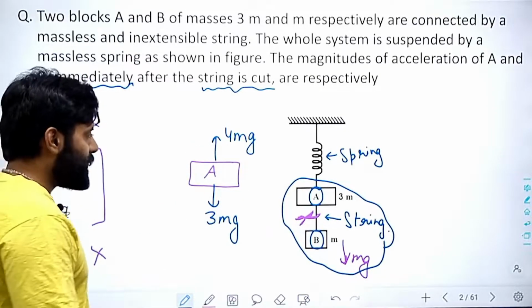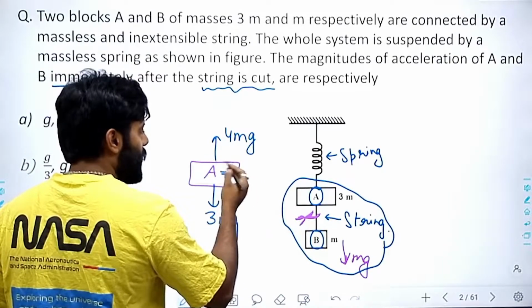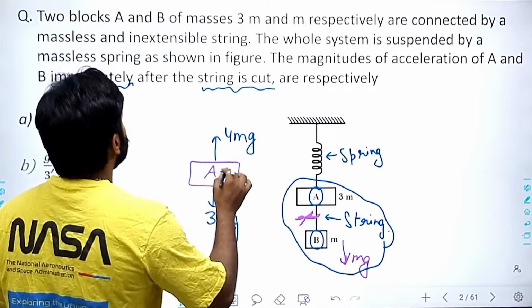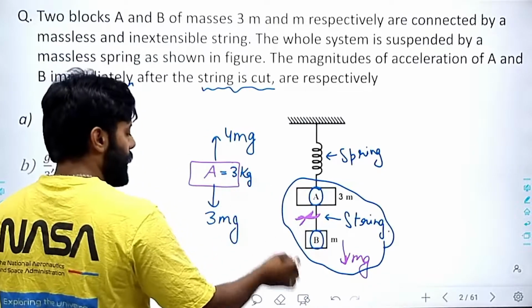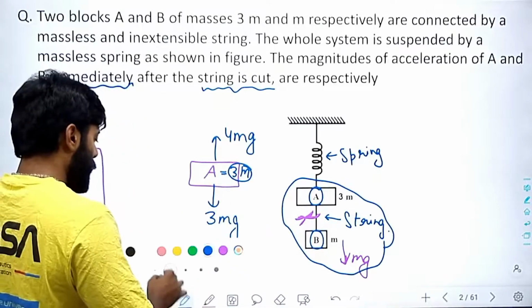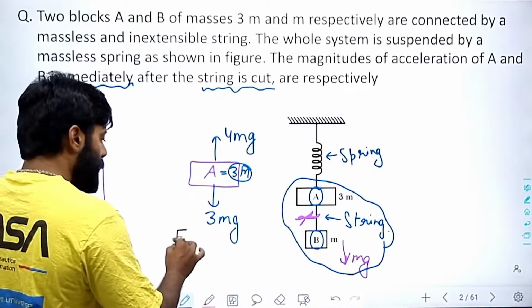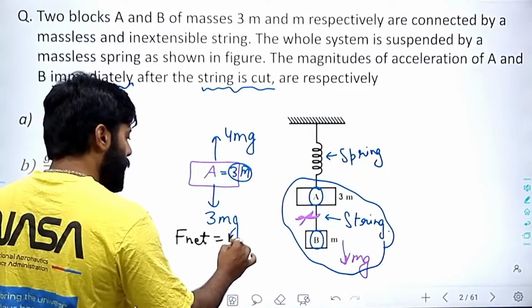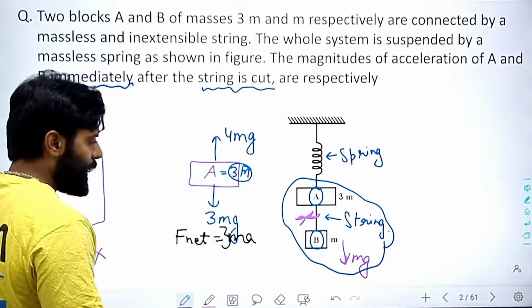So the net force, and the mass of this A block is 3m, right? So I can say that F net is equal to mass into acceleration from Newton's laws of motion, and the mass is 3m, so I can write this as 3ma.